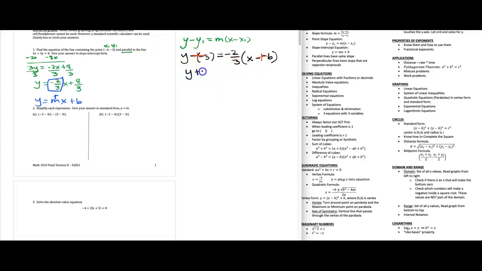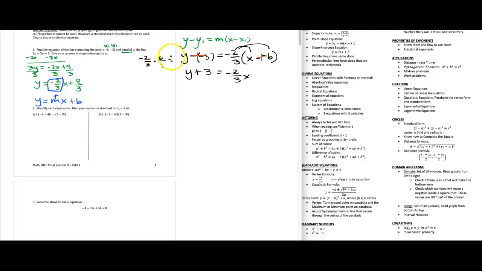Okay, so next line I have y plus 3. And then here I need to distribute that negative 2/3 through. So I get negative 2/3 x. And then I need to do negative 2/3 times 6. You can do a little side work over here if that's hard to do in your head.